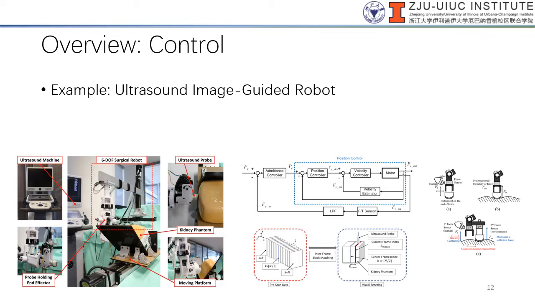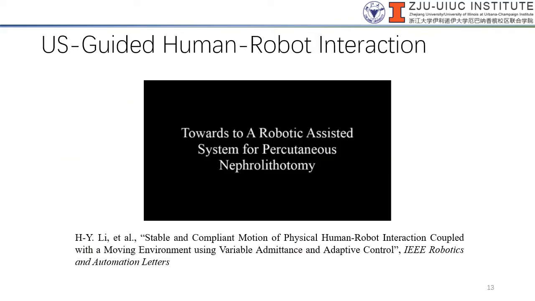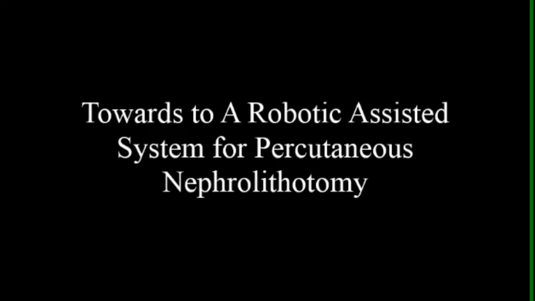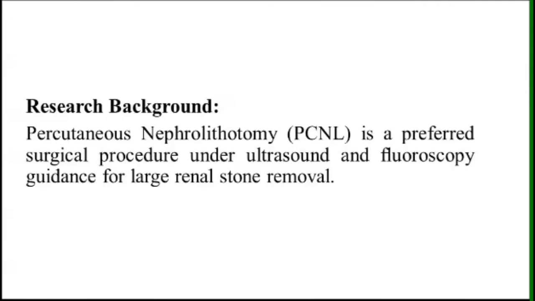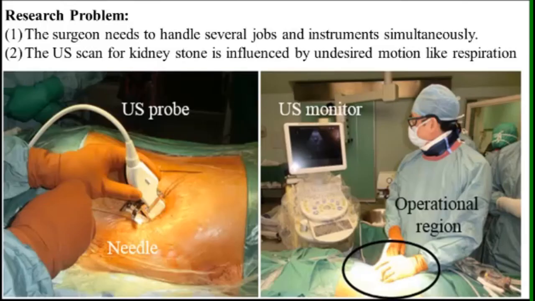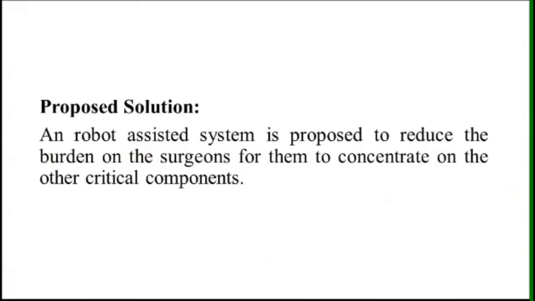So a robot turns out to be a very good candidate in executing precisely what is planned, but responding to the environment requires some form of perception that comes from your ultrasound image. If you look at this video, it will probably do a better explanation than just telling you with some of the figures.